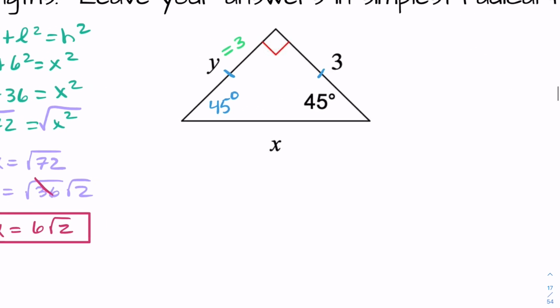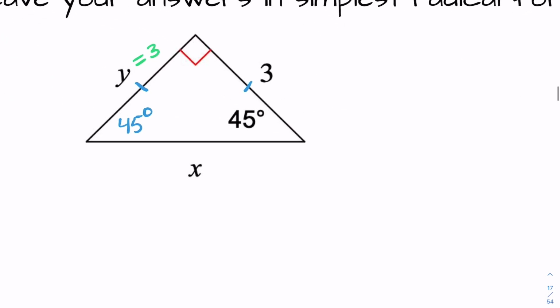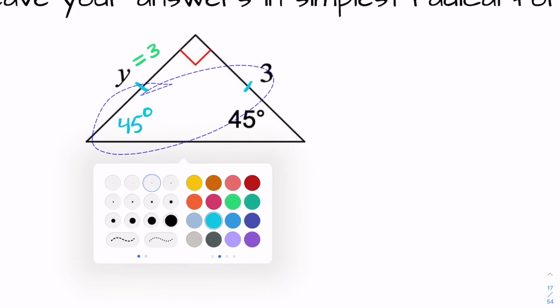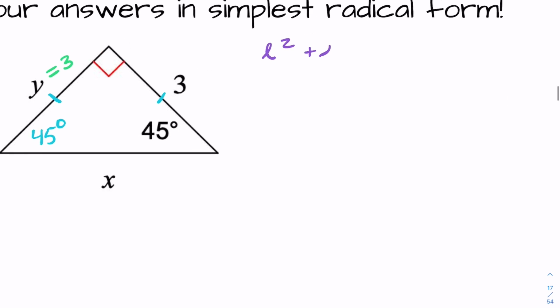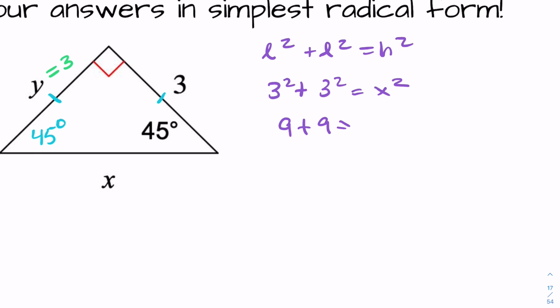Yeah, let's change it to blue, using different colors than the last one. Okay, so now leg squared plus leg squared equals hypotenuse squared. So 3 squared plus 3 squared equals x squared. So 9 plus 9 equals x squared. 18 equals x squared.